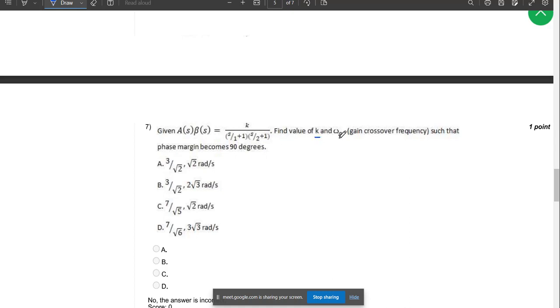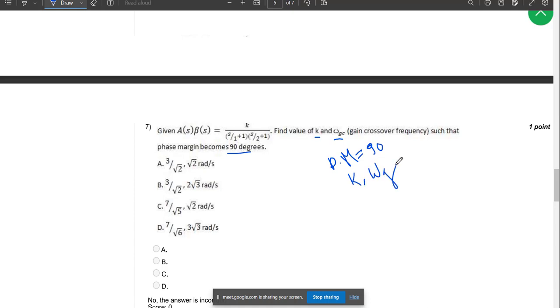Now it's not a value given, K is given here. Find the value of K and omega gc. Here again you have to find the gain crossover frequency such that the phase margin becomes 90 degrees. So PM is equal to 90 degrees, and we have to find the value of K and omega.